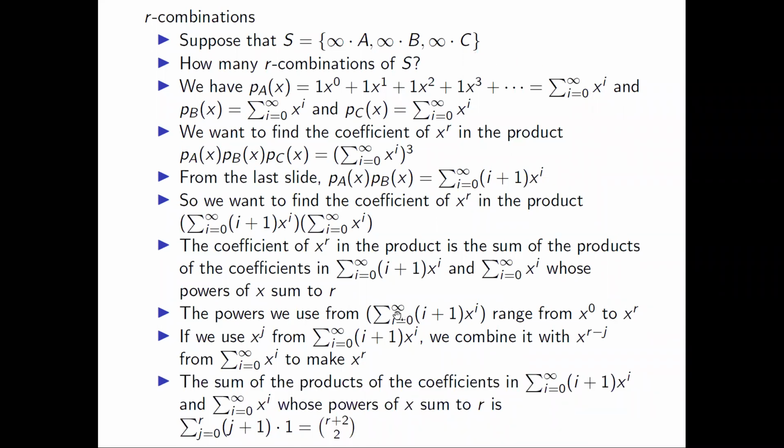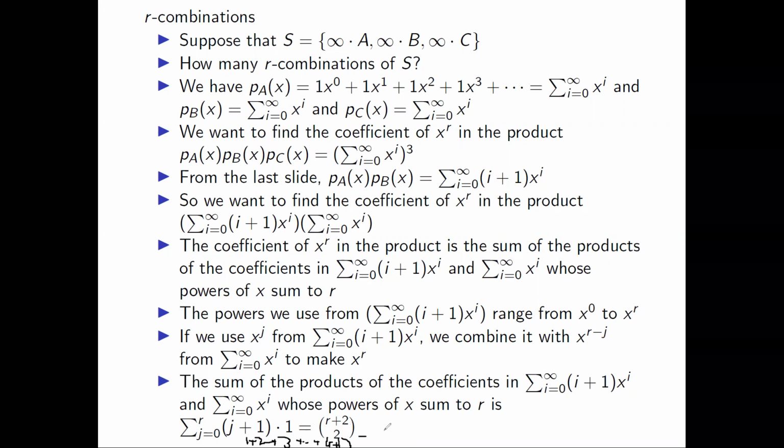So the sum of the products of the coefficients in the first polynomial and the second polynomial, whose powers of x sum to r, we just showed that we got for that sum the exact sum I wrote, the sum j equals 0 to r of j plus 1 times 1. And again, that sum right there is just 1 plus 2 plus 3 all the way up to r plus 1, not j plus 1.